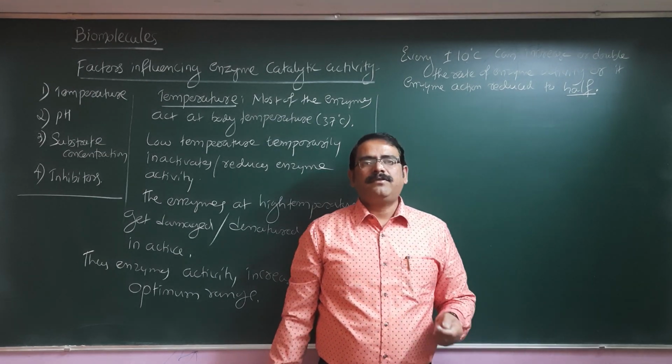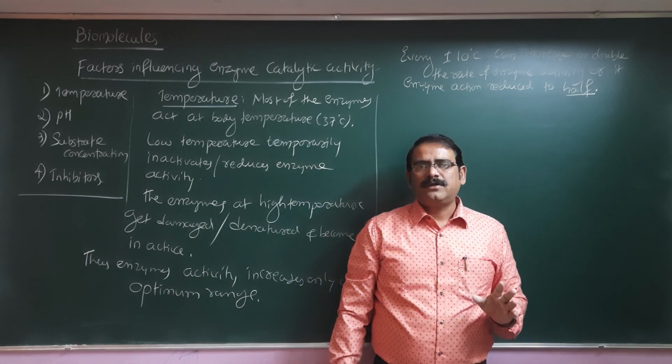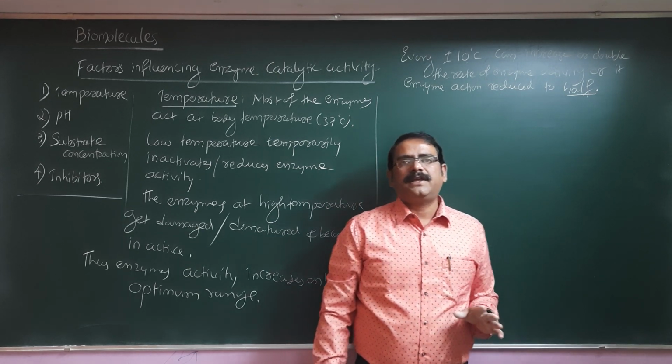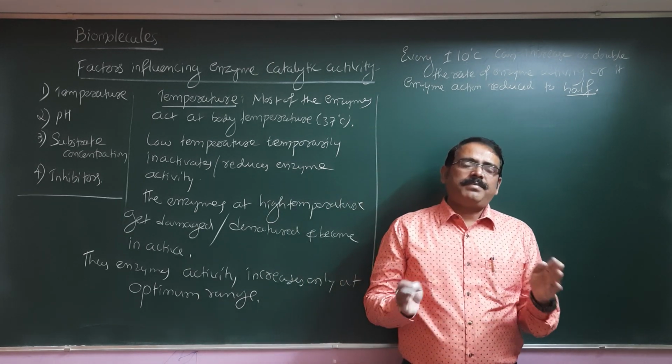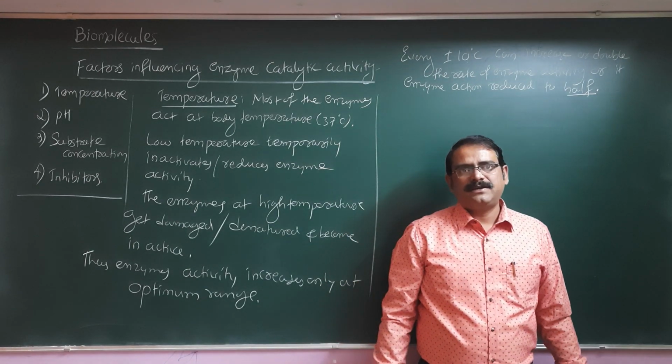This is what we need to understand. Enzymes are mainly heat sensitive. They are basically made up of amino acids. They are proteins, and they cannot tolerate temperature beyond the range of optimum conditions.